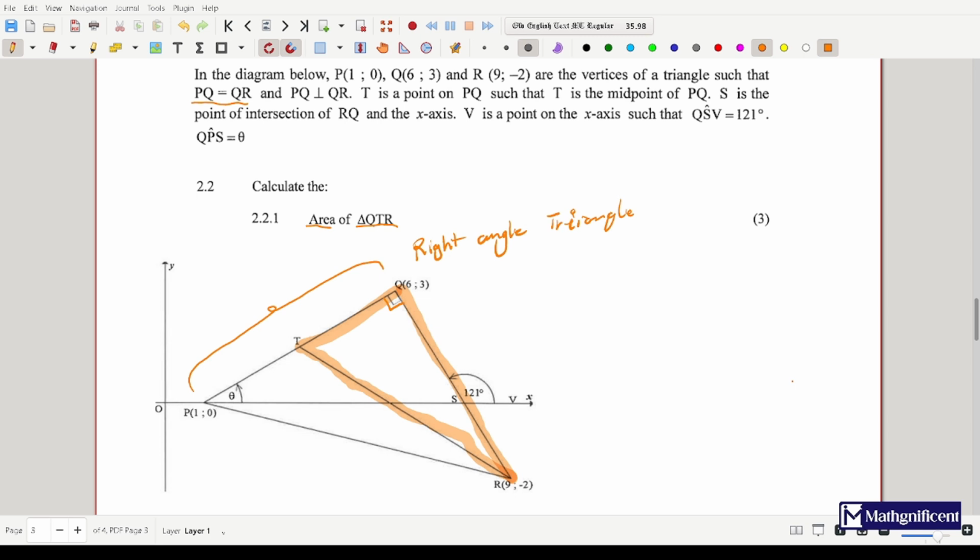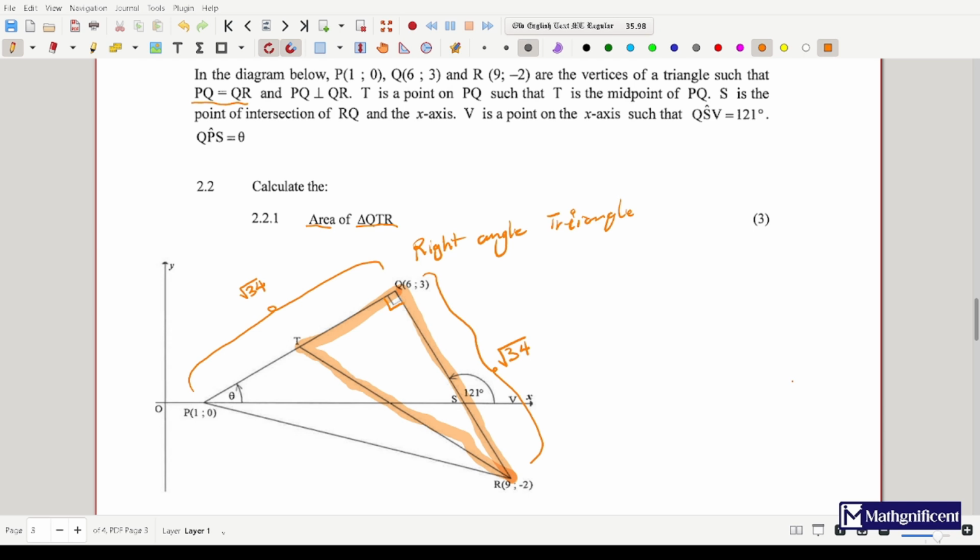We now know the length of PQ, that the length of PQ is equal to the square root of 34 units. It means that this side here, the whole side, is also equal to the square root of 34 units as well.